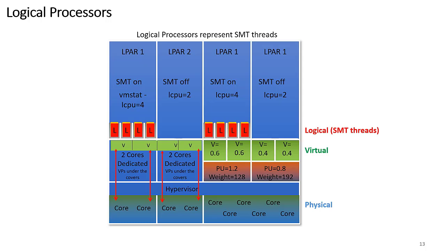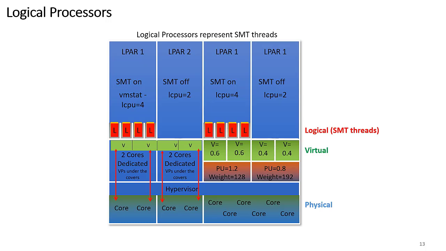But if you look at the first LPAR, where my PU equals 1.2, the virtual processors add up to more than a single core. So those two virtual processors of 0.6 each will both be dispatched to separate cores. When I look at the last LPAR, you'll notice that each virtual processor is worth 0.4 or 4 milliseconds. They could be dispatched to separate cores, or they could be dispatched to the same core one after the other.